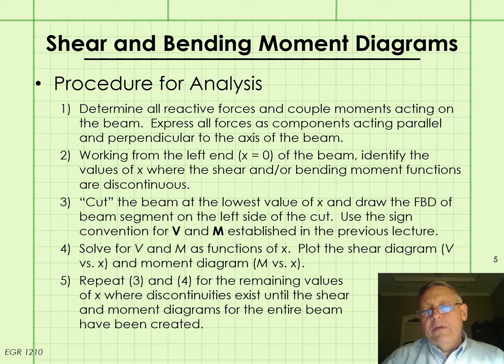And then we will plot those functions, namely the shear function will be plotted in the shear diagram, where we'll be plotting V versus X, and the bending moment function will be plotted in a separate moment diagram, where we'll be plotting M versus X. The fifth step is to now repeat steps 3 and 4 for the remaining values of x where discontinuities exist until the shear and bending moment diagrams for the entire beam have been created.